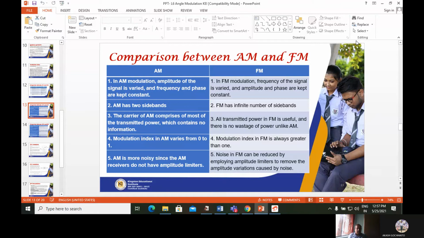The basic amplitude modulation, maybe DSB, maybe single sideband, maybe vestigial, all follow the same thing. And for frequency modulation, I have told that the frequency will vary according to the amplitude of your message signal.